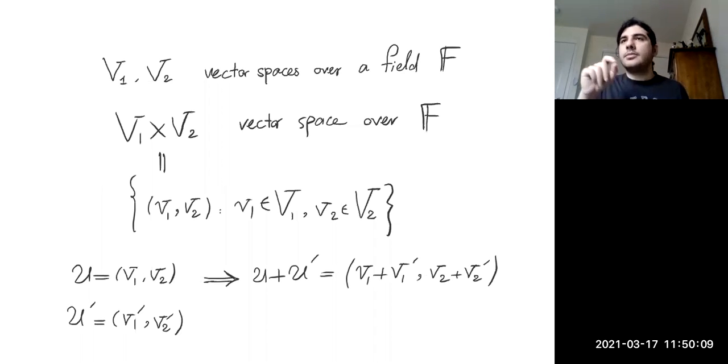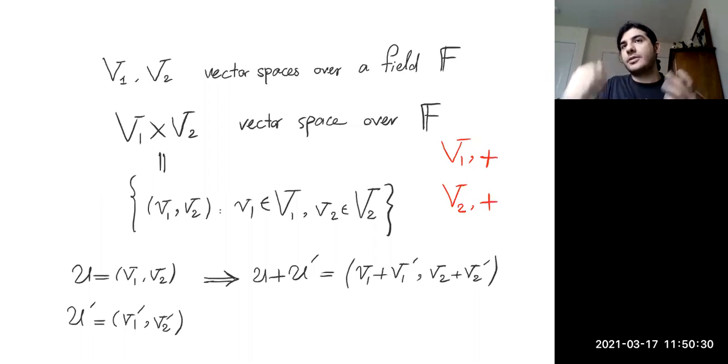There is some small subtlety here, which we should pay attention to. V1 and V2 are not necessarily the same vector space. They're different, right? V1 has its own addition, and V2 has another addition. They are different vector spaces.